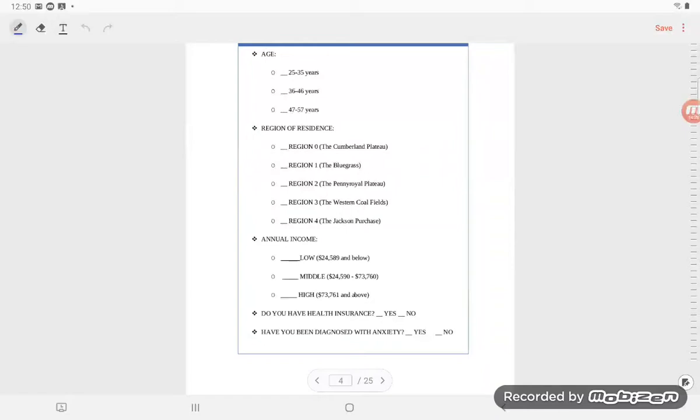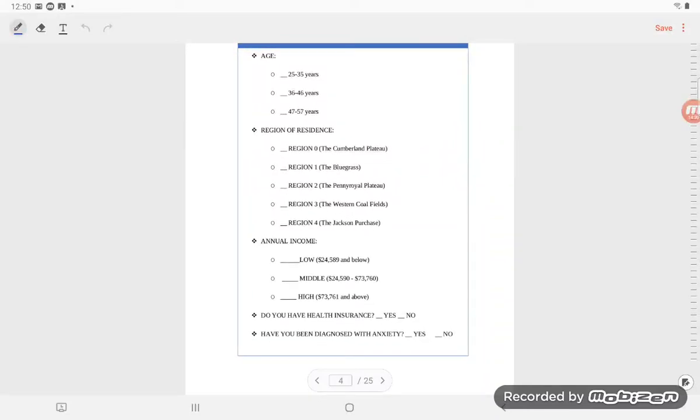Okay, so see how complete this is. They're pointing out how they're going to actually do this, and they've got the regions here. Now, is that going to do it? Do you know whether you're from the Jackson Purchase or not? Yeah, right? So the survey itself might be a problem.